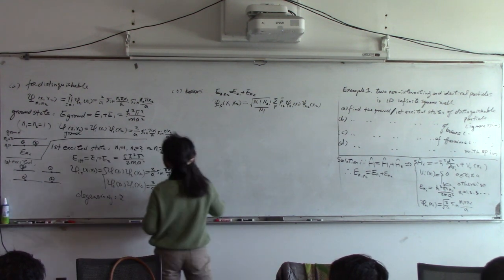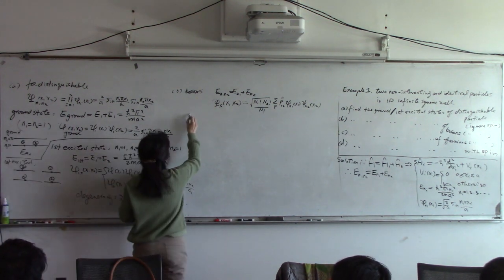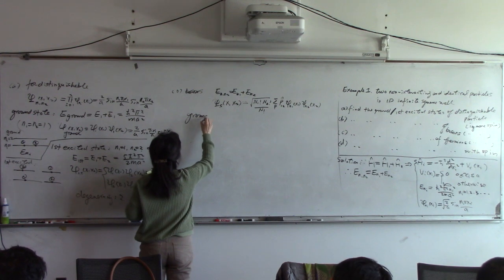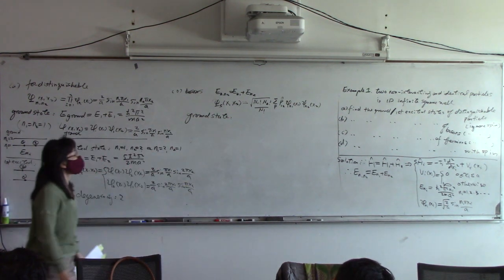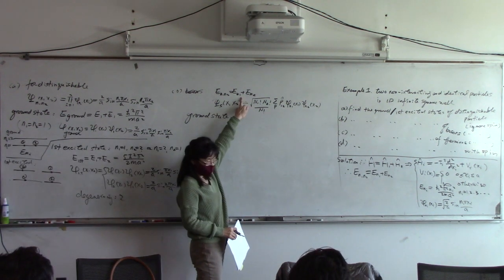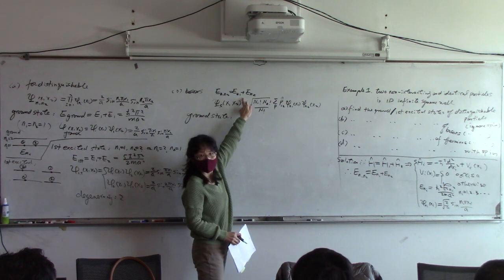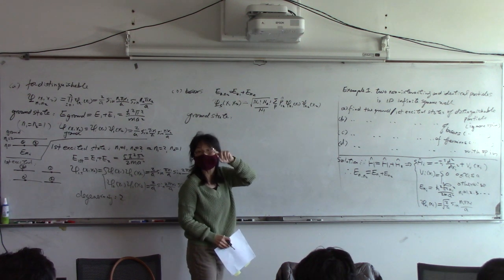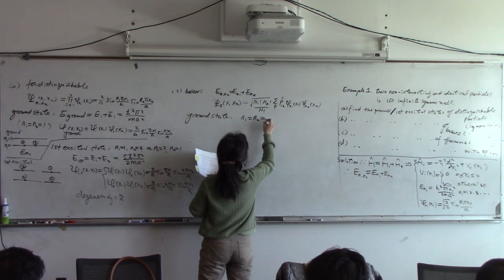So that is the general formula. Now we are going to discuss, what is the ground state? Ground state means its energy is lowest. In this case, the lowest energy is n1 equal to n2 equal to 1, because there is no restriction.